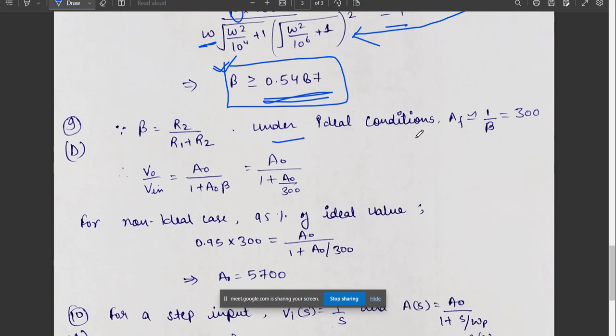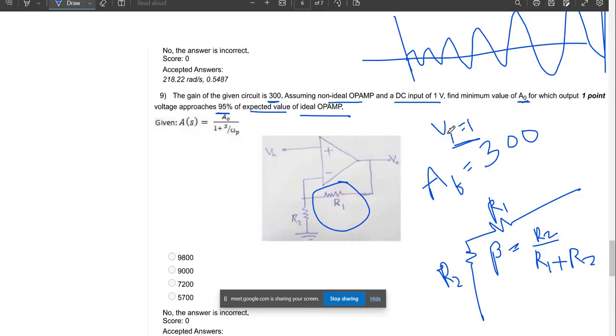Now under ideal conditions, we know that AF is equal to A upon 1 plus A beta.